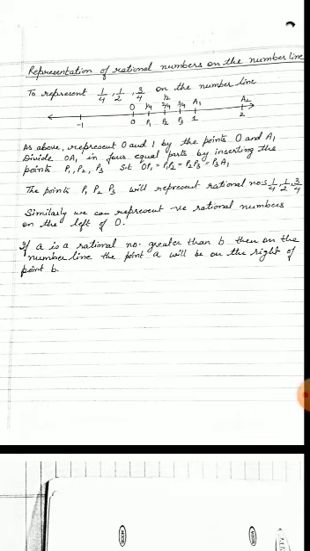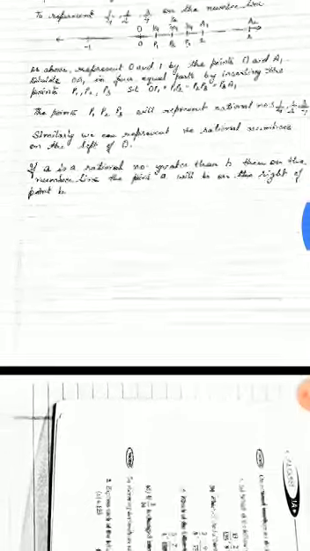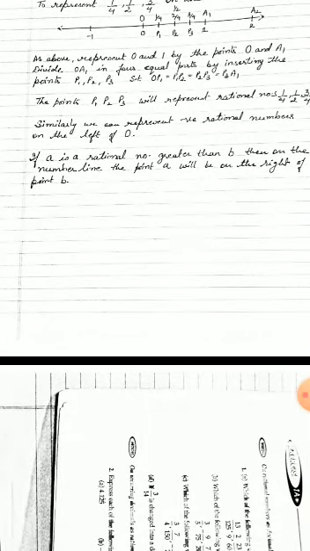The points P1, P2, P3 will represent the rational numbers 1 by 4, 1 by 2, 3 by 4. Similarly, we can represent the negative rational numbers on the left of O. If A is a rational number greater than B on the number line, then the point A will be on the right side of the B always.